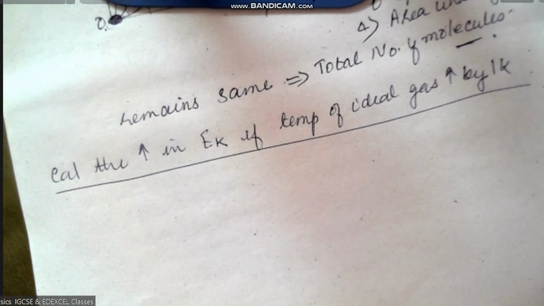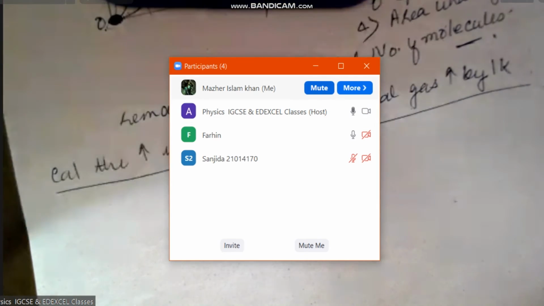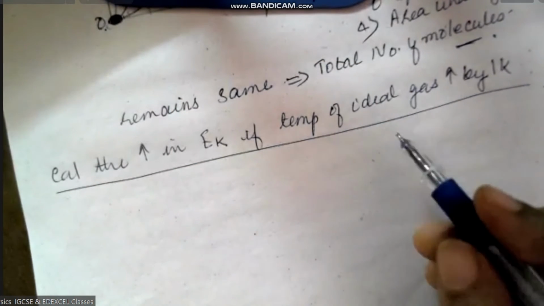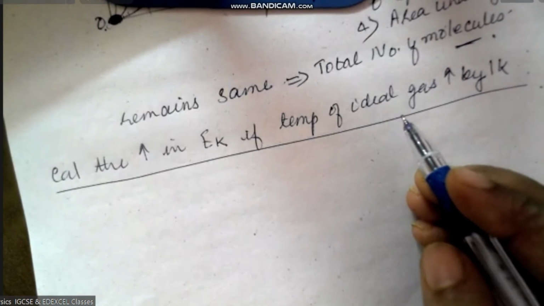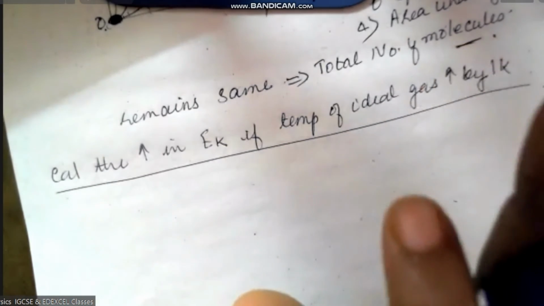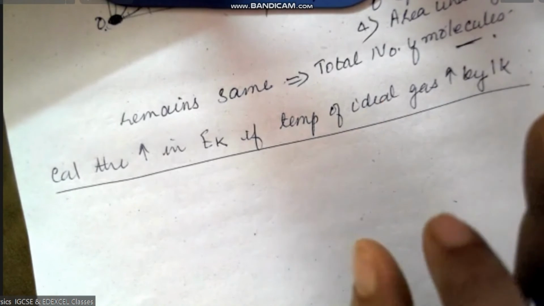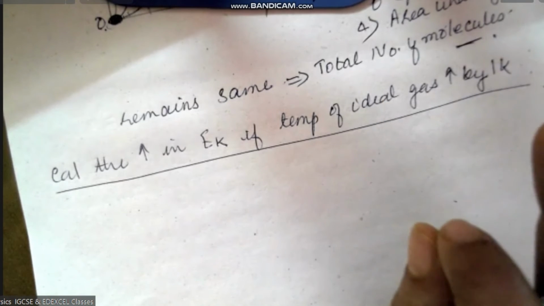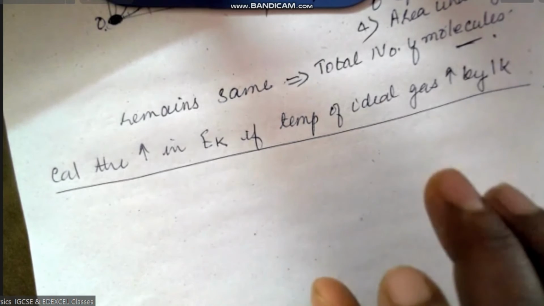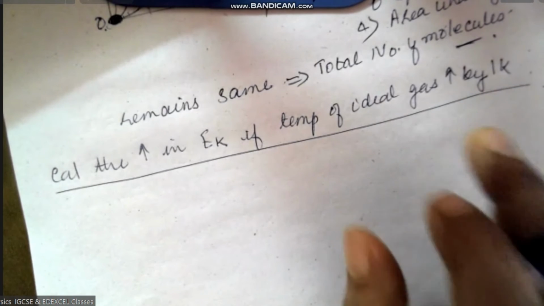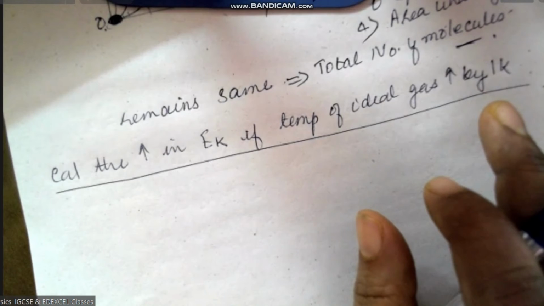Miss, I have this question. Miss, is air an ideal gas? What is air? Air is a mixture of real gases. An ideal gas is only an imaginary gas, because no gas that we know behaves exactly according to ideal gas rules.